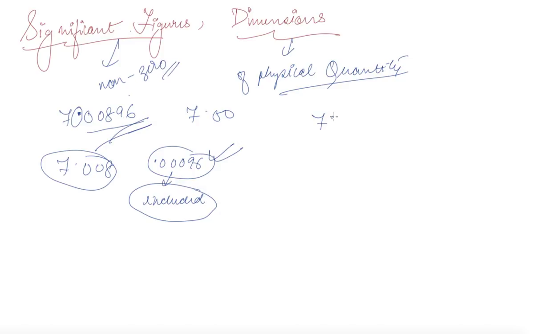Now 7.1000, all these zeros do not matter because they have no value. But after the zeros, if there are numbers, these numbers have some value.